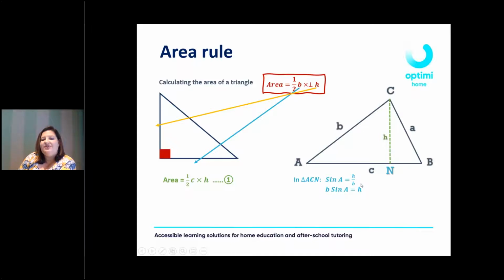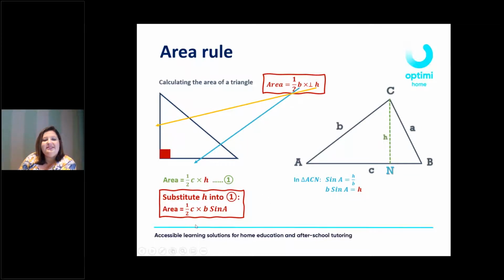I am just going to move this around, taking the B to this side. It means that I have my H over here. But look here, I have an H over there as well. I can actually substitute this H into that space over there. So I'm going to substitute my H in there.